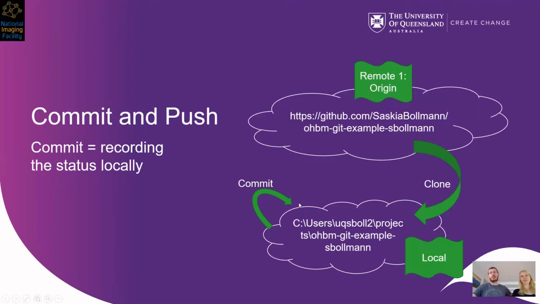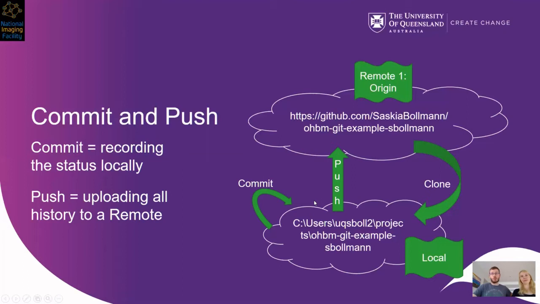However, when you want to exchange your history with the central remote, then you can just push. And push means you're uploading all your history to this origin in this case. And that's where merging happens and where merge conflicts would appear. But yeah, that's why we have commit and push.